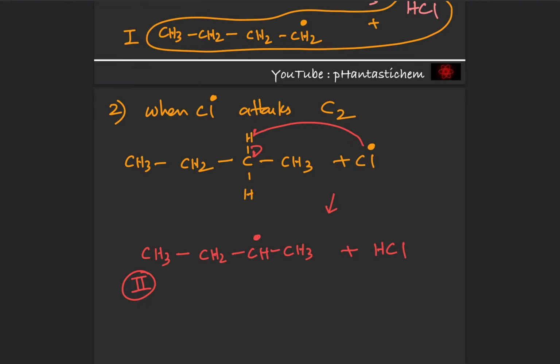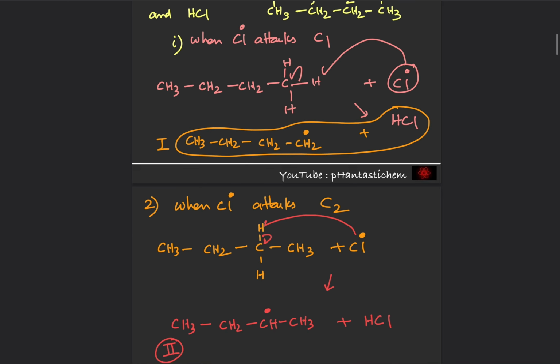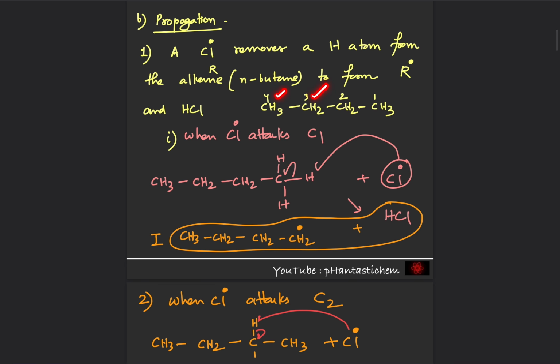Okay, these are the only two unique radicals possible, because if Cl attacks, you must be thinking, no, that there are C3 also, C4 also, right? If Cl attacks C3, we will get the alkyl radical that we got in the second case.